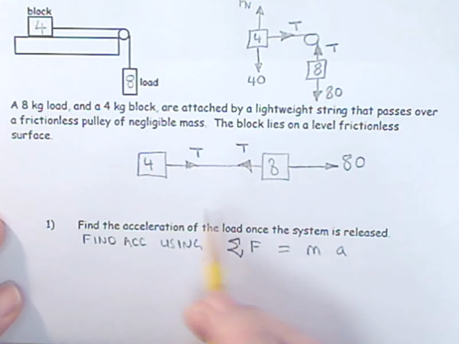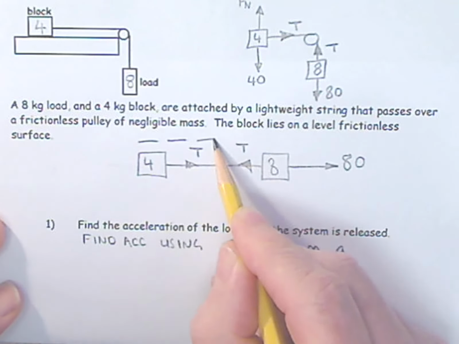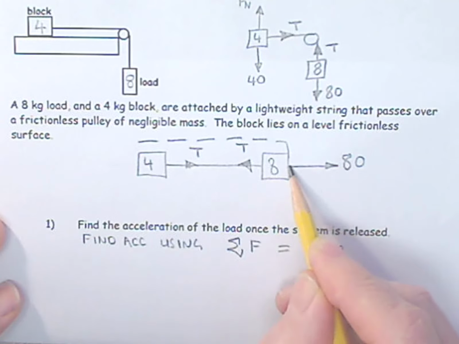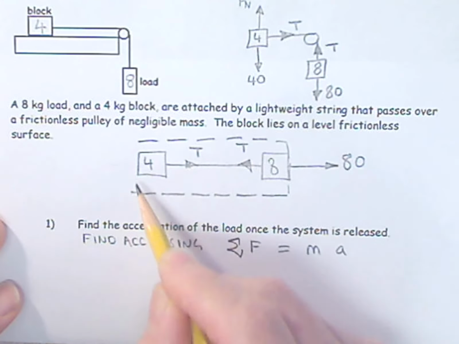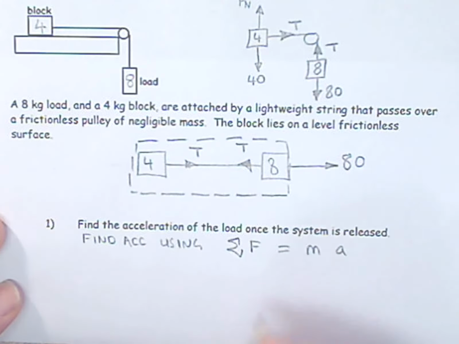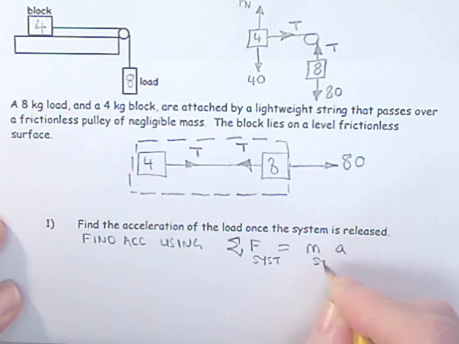But the important thing to realize is I'm dealing with the system. I don't want these two tensions to be involved in this equation. This equation only deals with net external forces. So if I make my system this combined system, then I go the sum of the force of the system equals the mass of the system times the acceleration of the system.